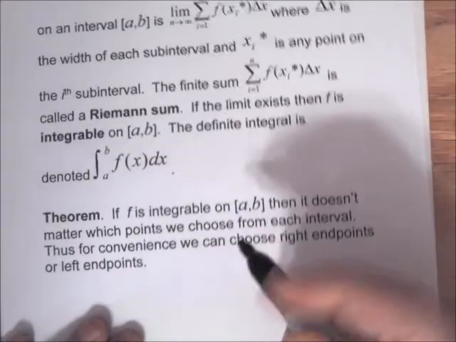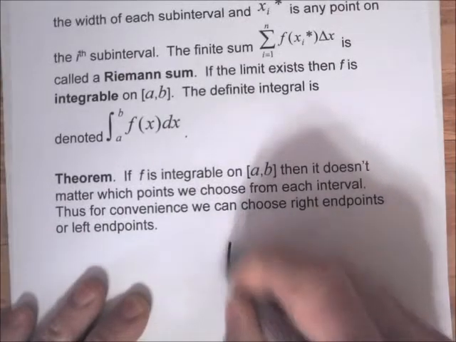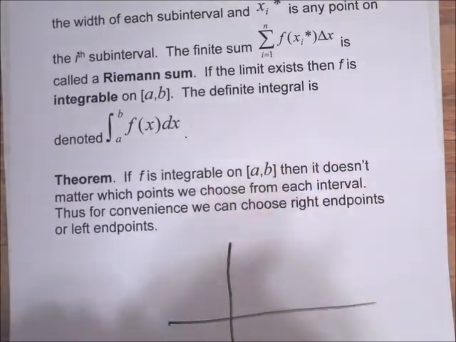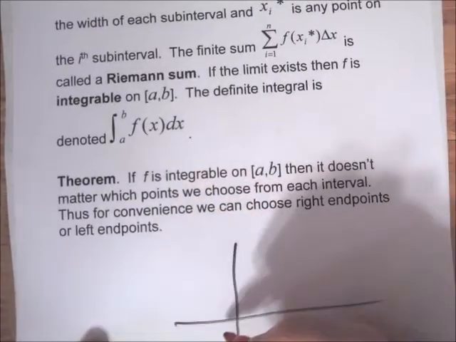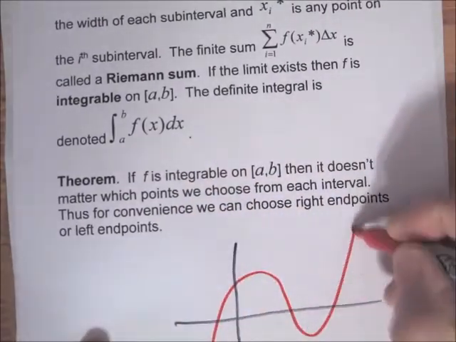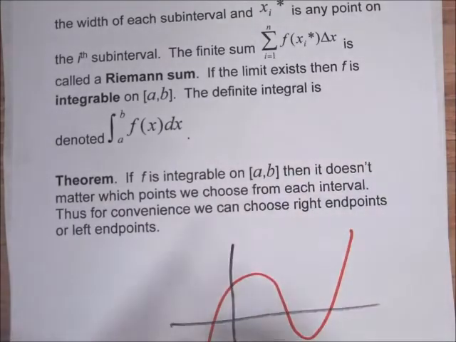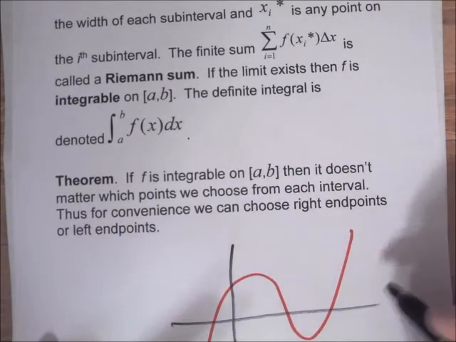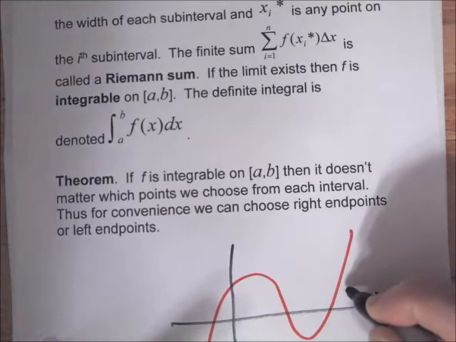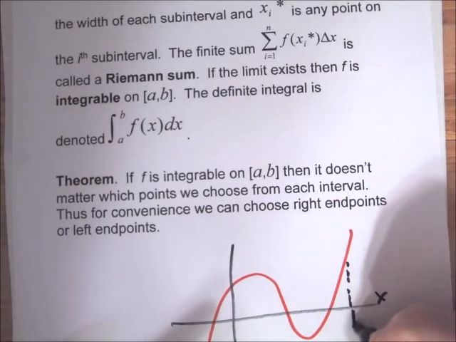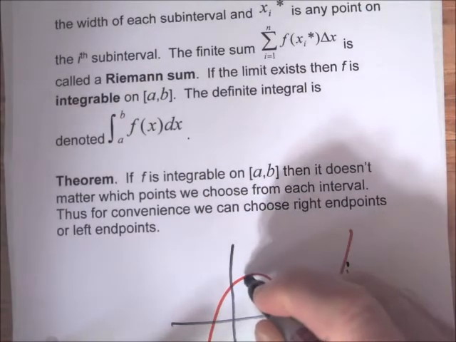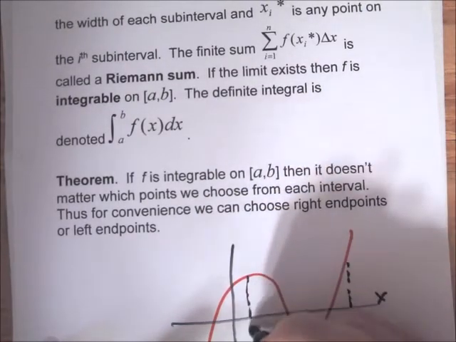You might have a function that went above and below the x-axis. Let's say this is your function here, and this is your point B, and maybe this is your point A.